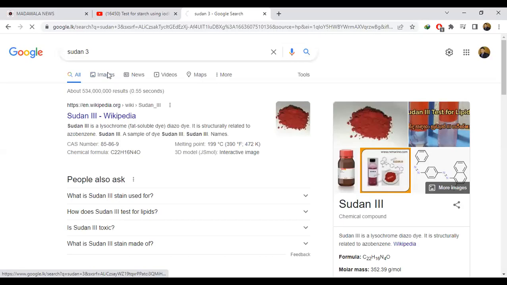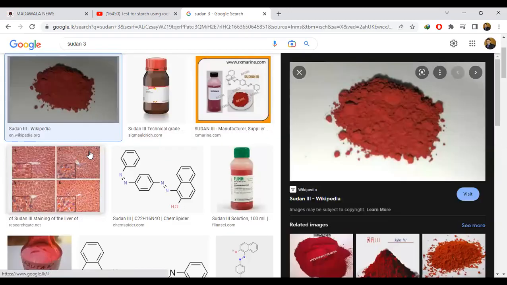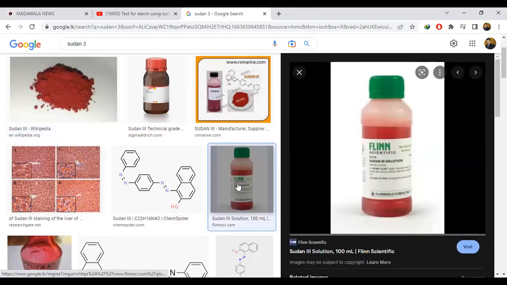What kind of powder? Water insoluble powder. This is that powder. What is the color of the powder? Red color.